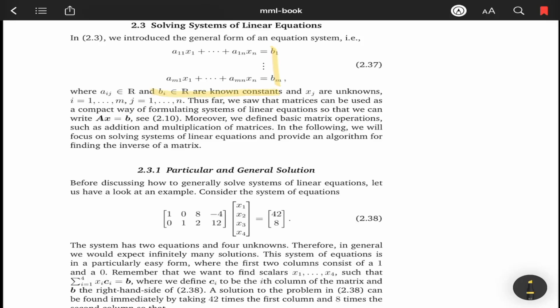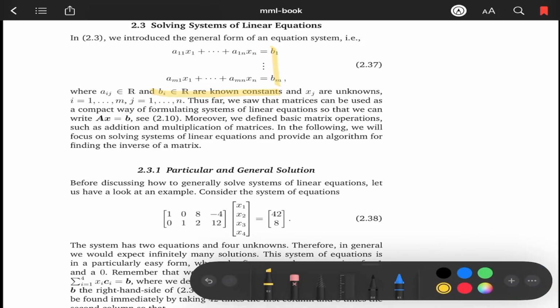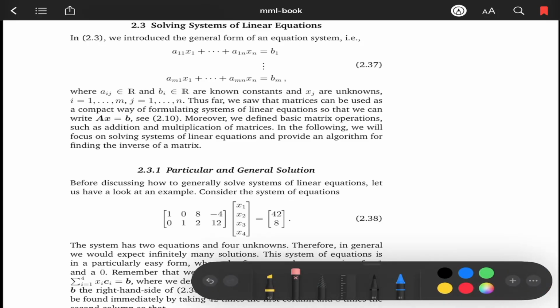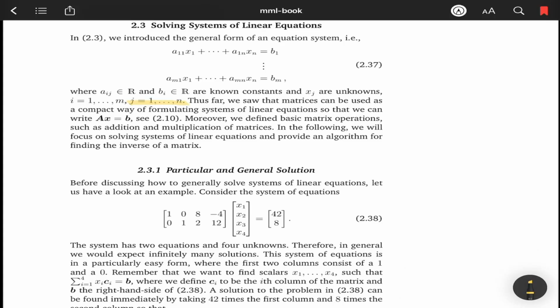So a constant is basically a number we know. They don't change. And x are unknowns. And then we have different x's. j goes from 1 to n, and i goes from 1 to m.